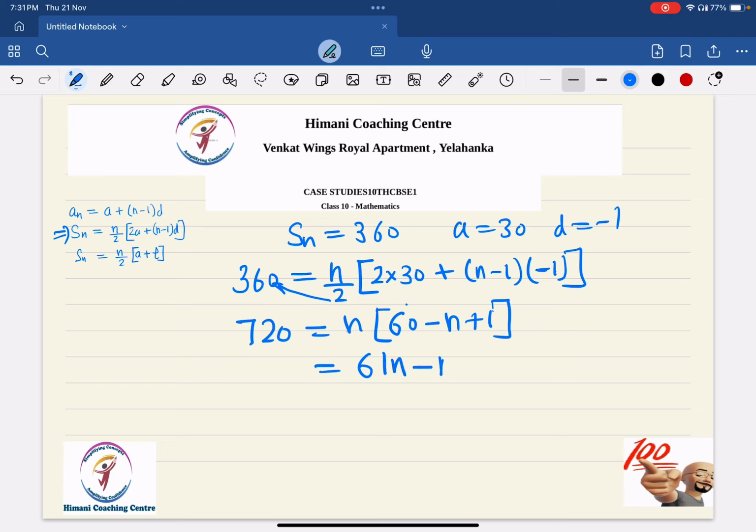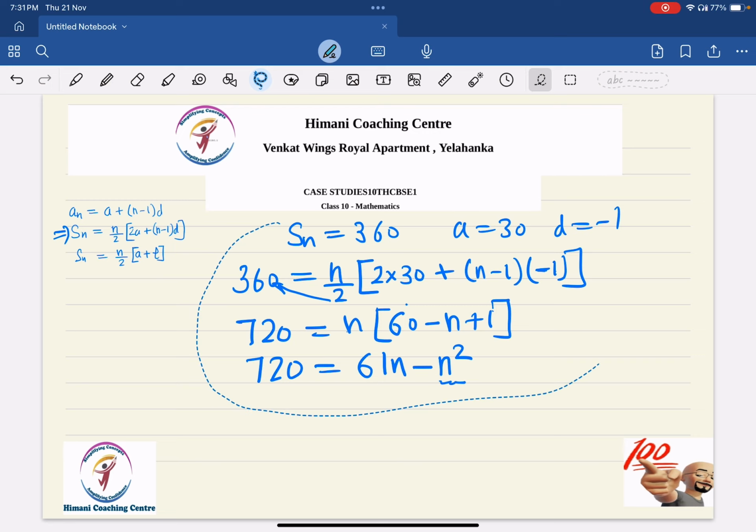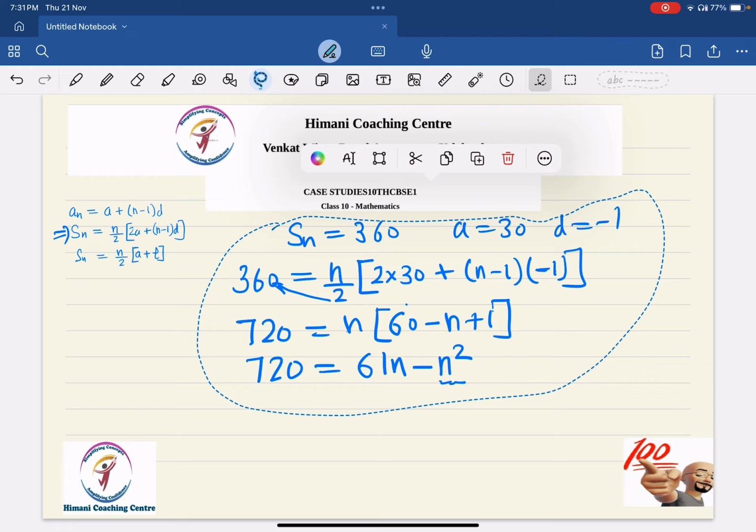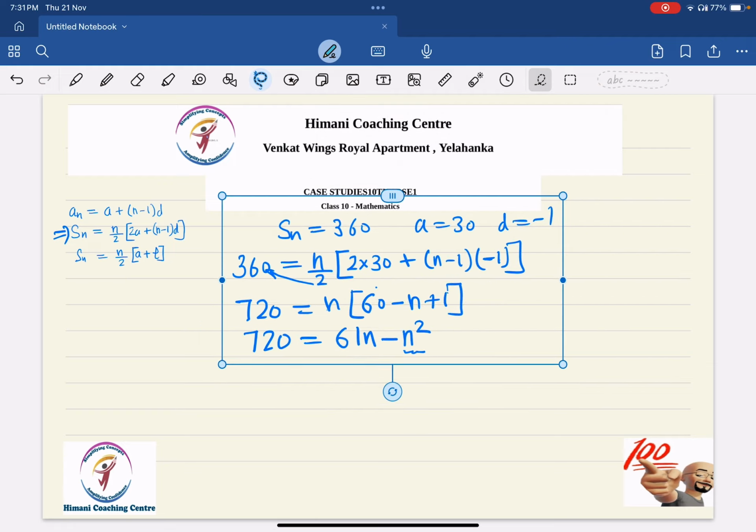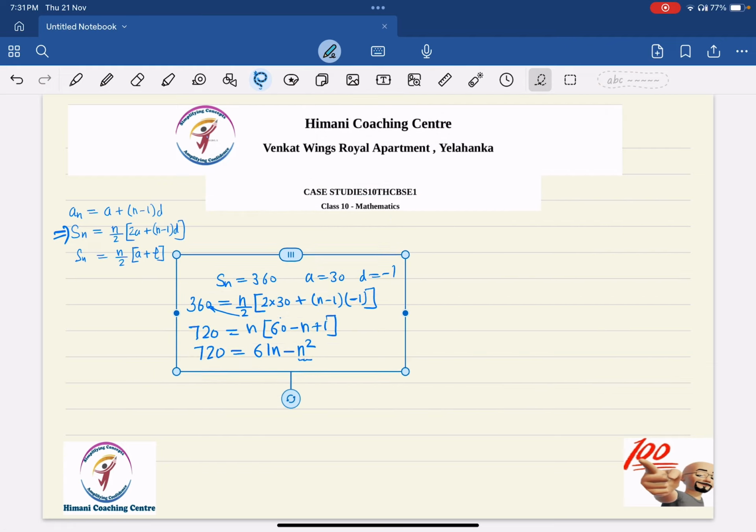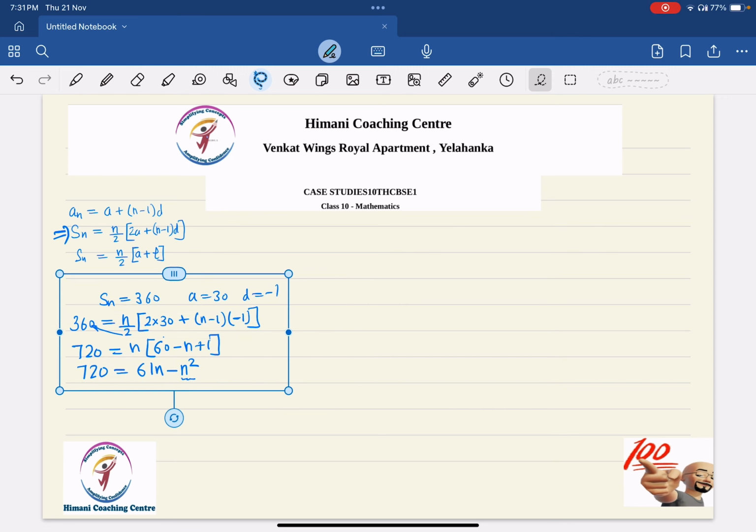Plus into minus is a minus, and you get minus n square. So the variable has a square. Whenever the variable has a square, we get a quadratic equation, and we will solve this quadratic equation to get the value of n. So let us keep it aside for a while.